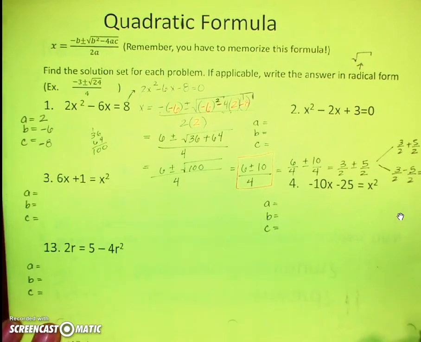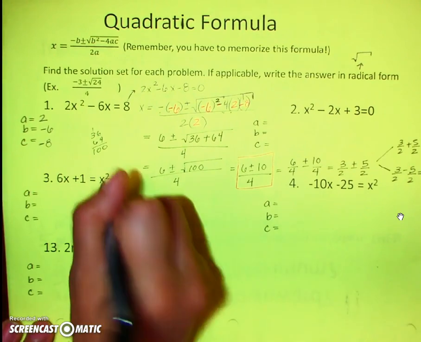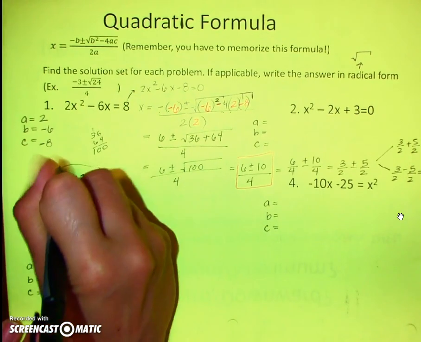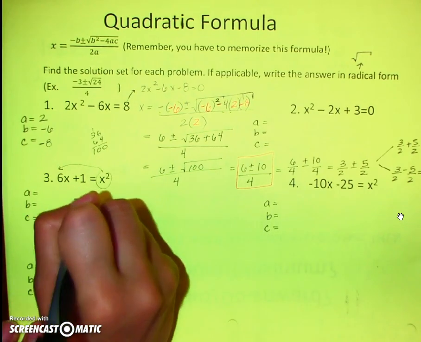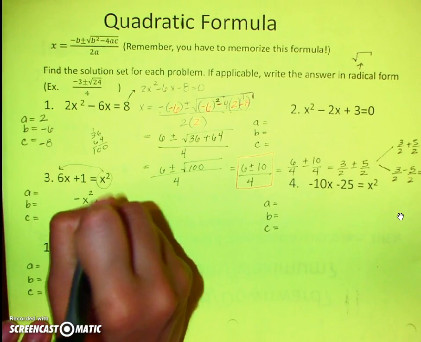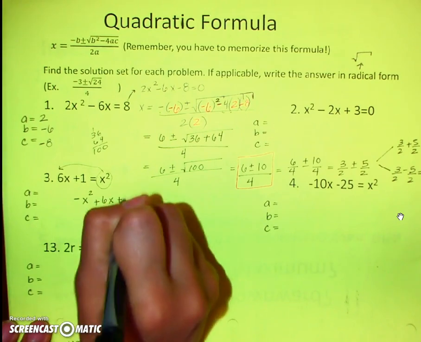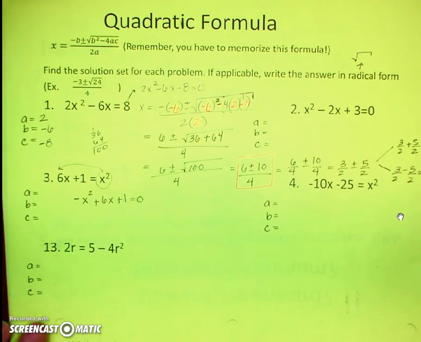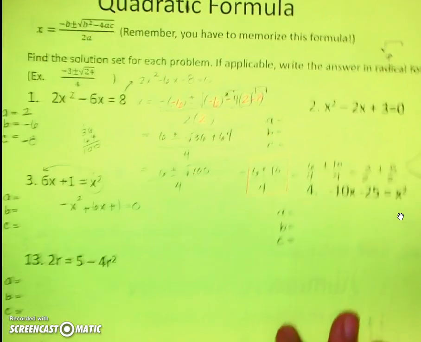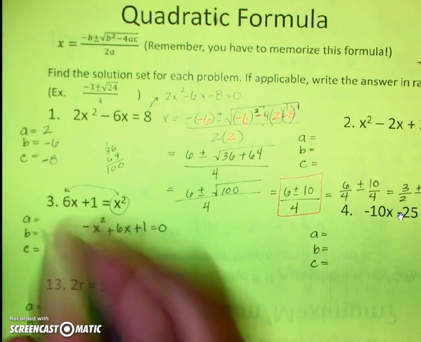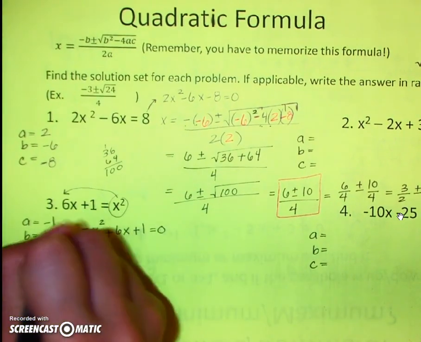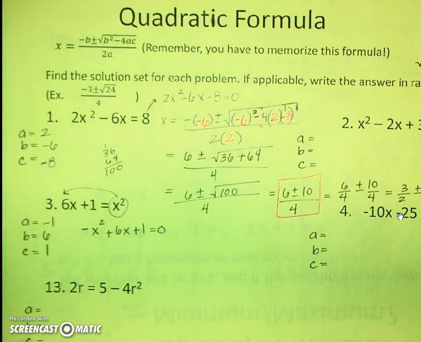All right, so this one is not in standard form, so I need to move the x squared to the other side. In order to move it, I'm going to rewrite it by putting negative x squared plus 6x plus 1 is equal to 0. Okay, in this case, a is equal to negative 1, b is equal to 6, and c is equal to 1.